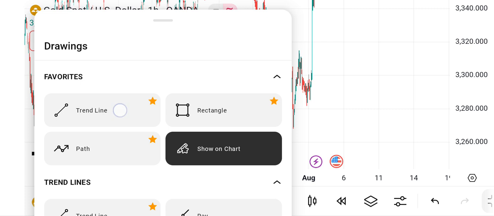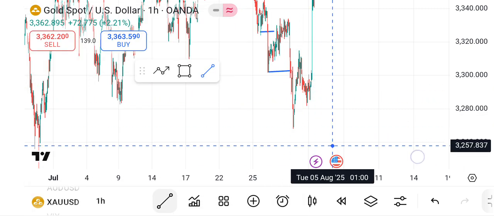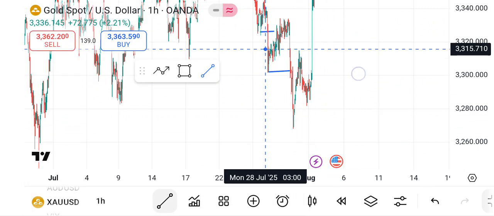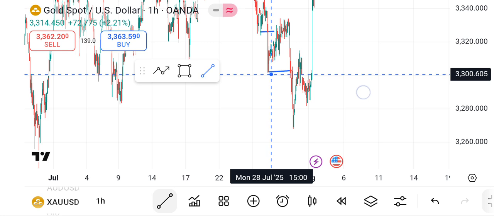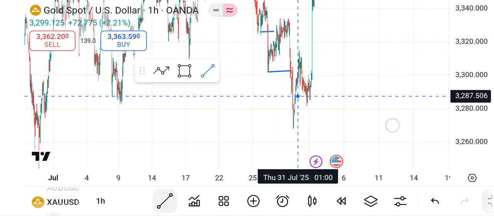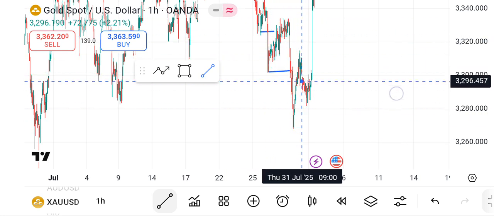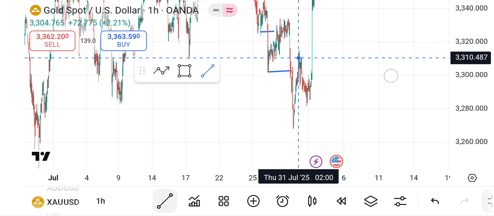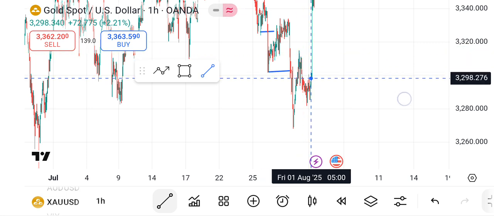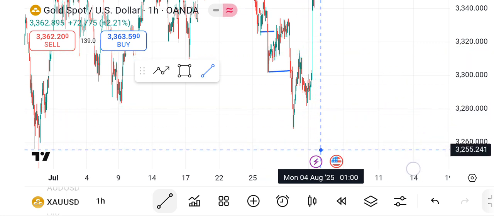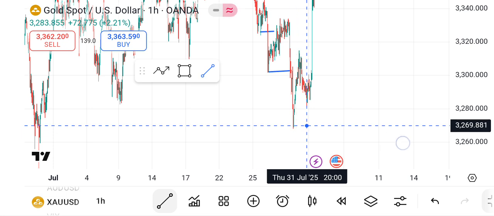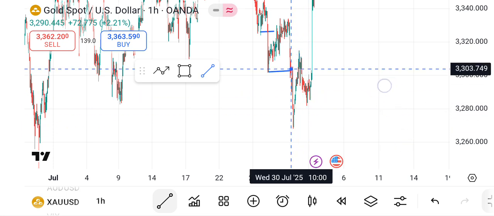So price came with a lower low, lower high, lower low, broke the last structure. But instead, we expected price to come back down here, but it didn't.